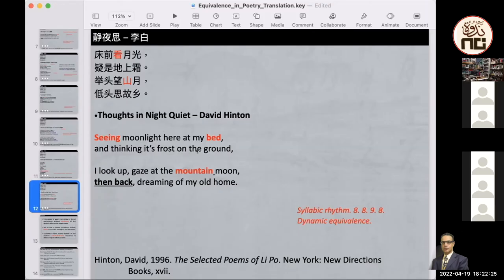So it's syllabic rhythm. The first line has 8 syllables, then 8, then 9, then 8. It's not accentual, it's syllabic, because you cannot detect real feet there. And it's dynamic equivalence, it's clear.